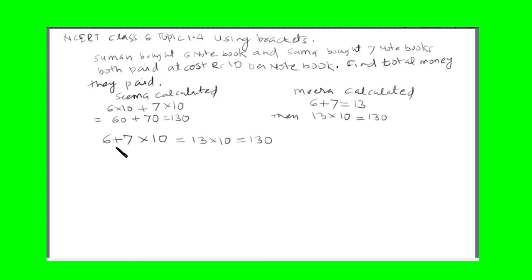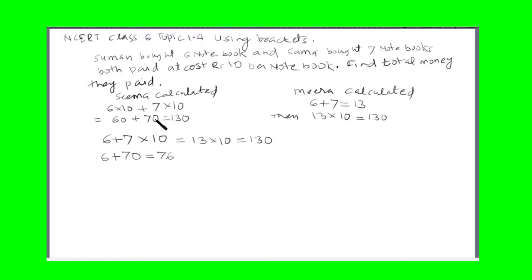But someone may solve this like 6 plus, and multiply 7 and 10 first, then it becomes 70 and the answer becomes 76.